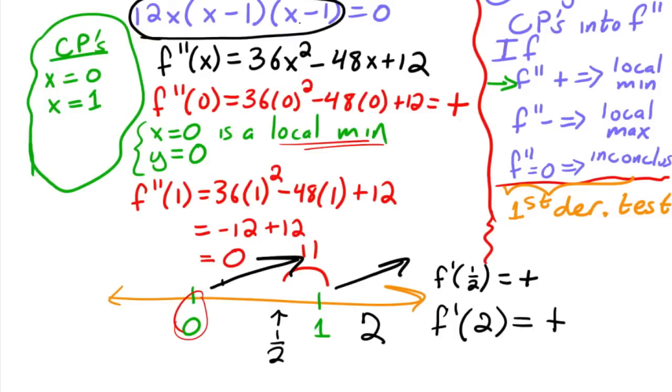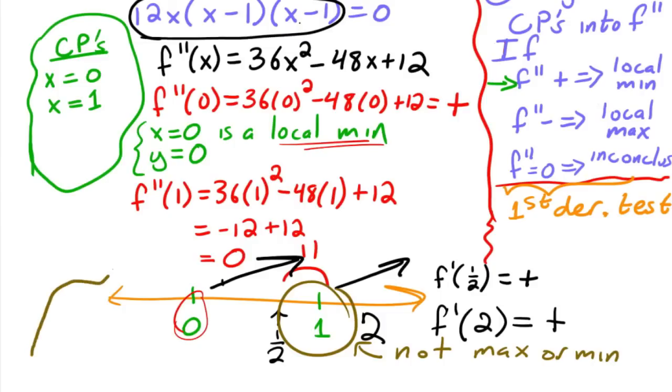So that makes sense that it was inconclusive there, because it's not actually a maximum or a minimum. It's just a flat spot. Basically, it just means it's going up, flat, and then going up again at 1. So that's it.